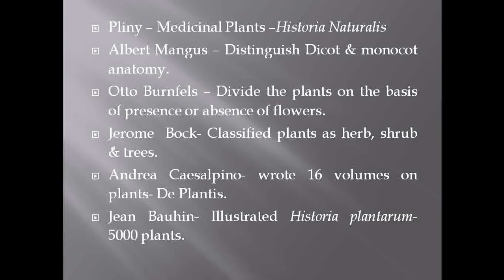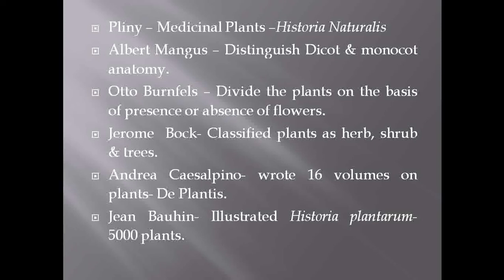Then the scientist Andrea Cesalpino wrote 16 volumes on plants depending upon their habit. In his 16 volumes he included all the herb, shrub and tree members and formulated one book called De Plantis.